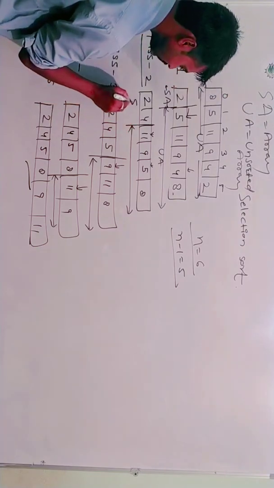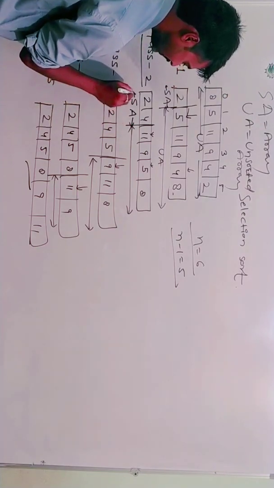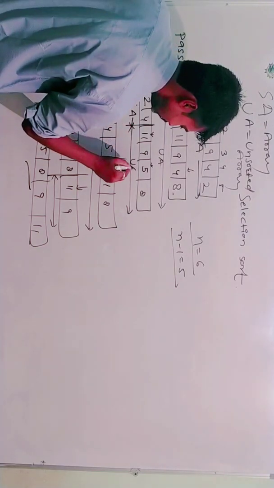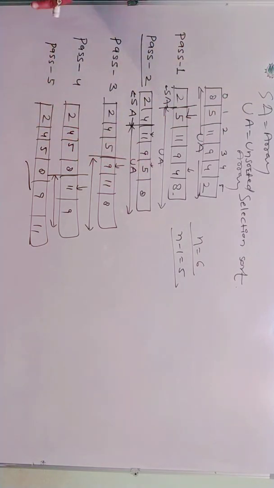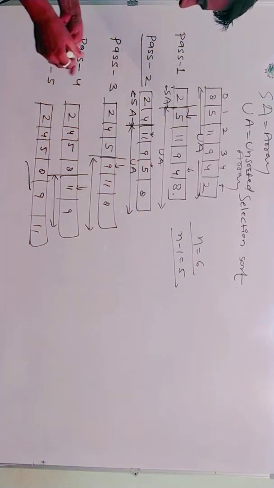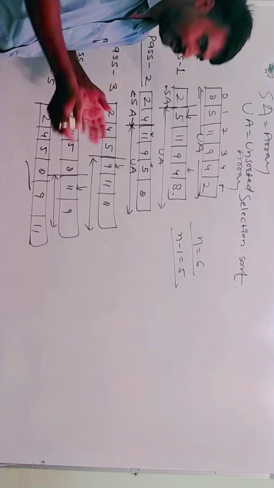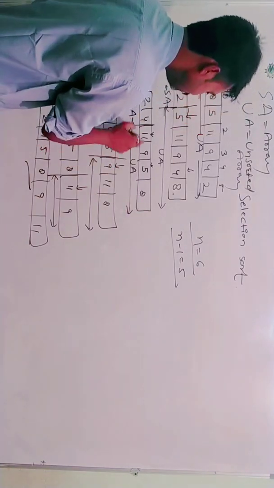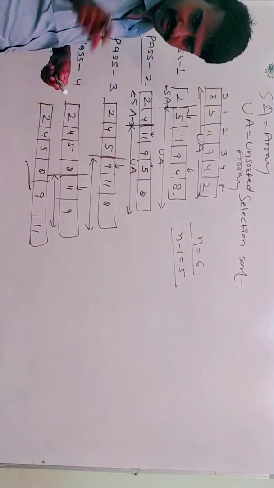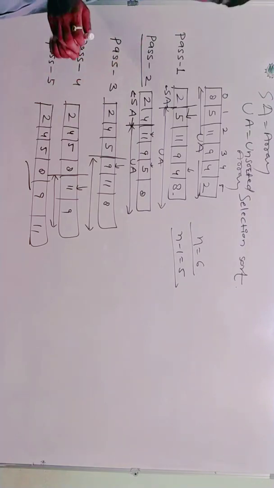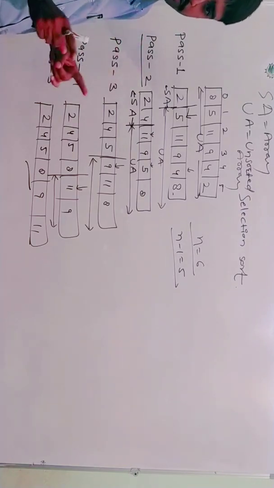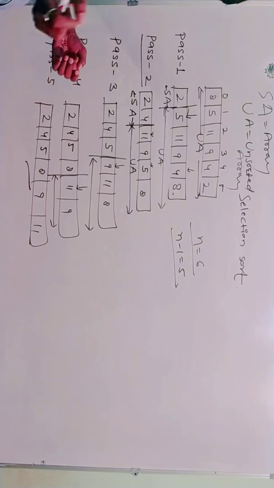Now this is our sorted array and this is our unsorted array. Again, in pass 3, we have to find the smallest element from this array. What is the smallest element in this array? It is 5. 5 will be replaced with the first element of the unsorted array. What is the first element of the unsorted array?